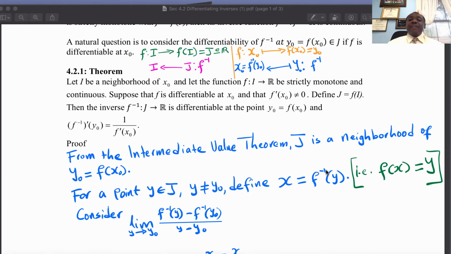So, if f is continuous, f is differentiable at the point x naught, f is monotone, I is an interval, then f inverse exists, f inverse is differentiable, f inverse is continuous, and the first derivative is 1 divided by f prime at the point x naught, where y naught equals f of x naught. And that brings us to the end of the proof of Theorem 4.2.1.